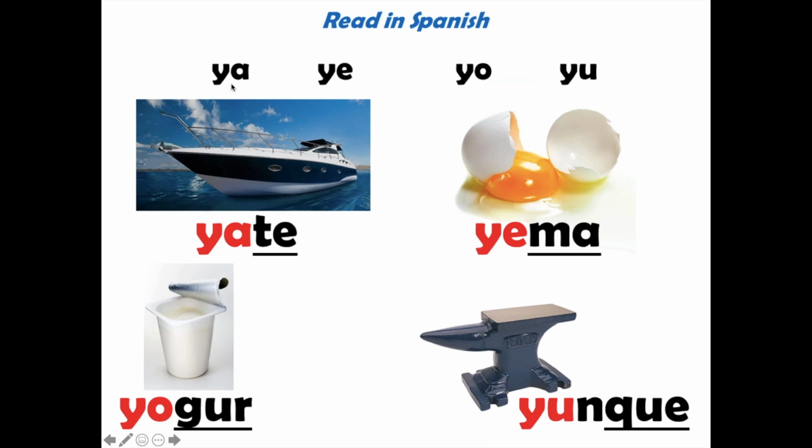Now, some people, depending on the part of Latin America, will say this with a J sound, ja, je, jo, ju. So you can actually choose, and I don't have any problem if you want to say ya, ye, yo, yu, or ja, je, jo, ju.